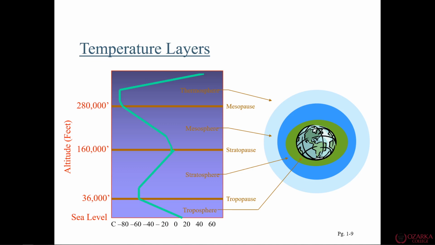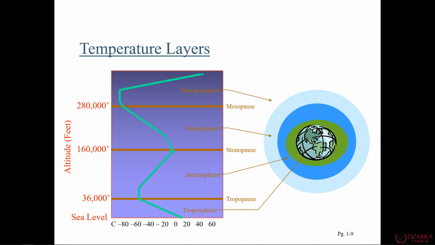Then it transitions into the stratosphere. Now, the layer of transition between the stratosphere and the troposphere is known as the tropopause. Then we will continue on up through the atmosphere to approximately 160,000 feet. And then we start transitioning into the mesosphere.